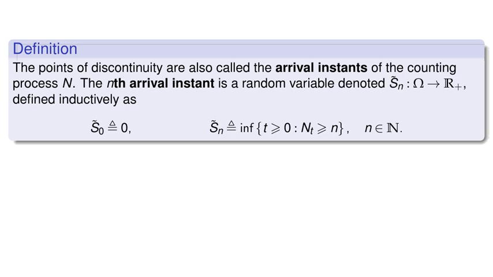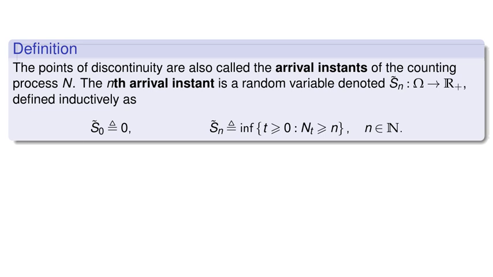The points where these discontinuities or jumps occur are called the arrival instants of the counting process N. The nth arrival instant is a random variable which we'll denote as S tilde n, mapping from Omega to R plus. It's defined inductively. S tilde naught is defined as 0.